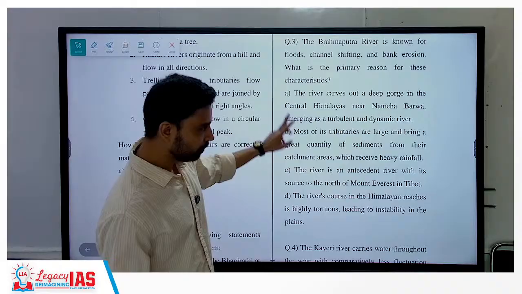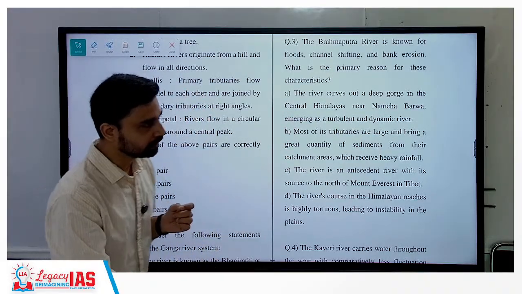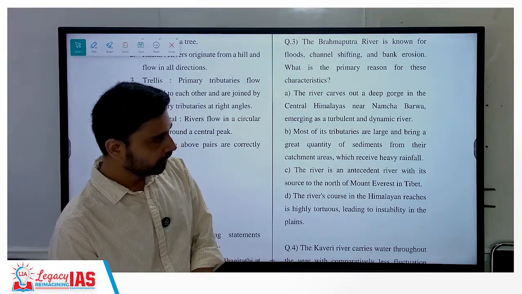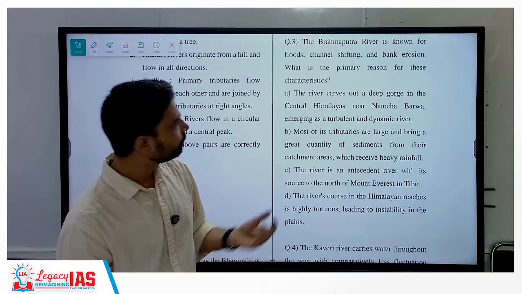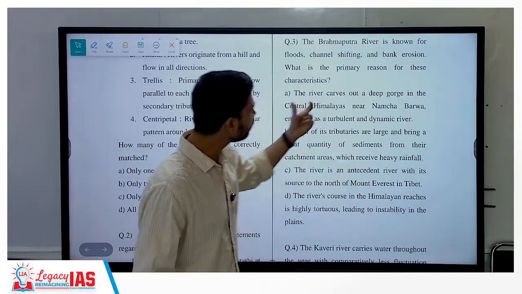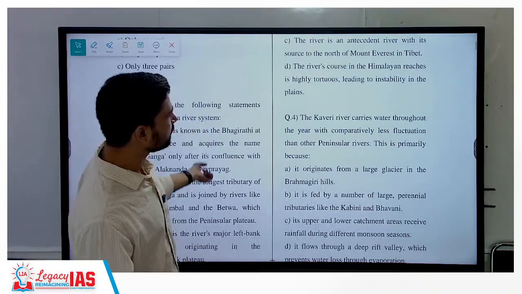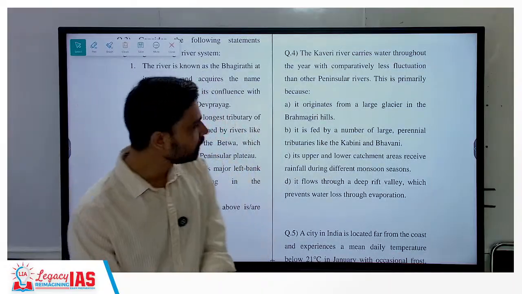Channel shifting is because of sediment. The Kosi river, for example, we have discussed, is known as the Sorrow of Bihar. Why does it shift channel and also cause flood? Because of sediment load. So when you talk about flood, channel shifting and erosion, it is largely because of the sediment load itself and the volume of water. So B.